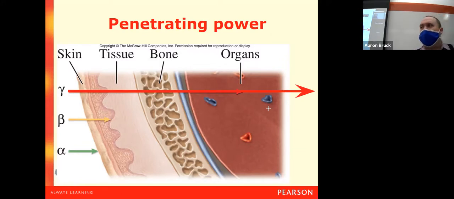That's the penetrating power. The gamma radiation will pass through you. It doesn't get stopped along the way, it passes through you. And as it passes through you, all of these things that it encounters along the way have the capability of becoming ionized. And that's where your potential health defects come in.